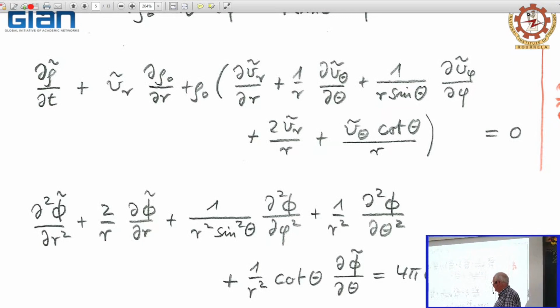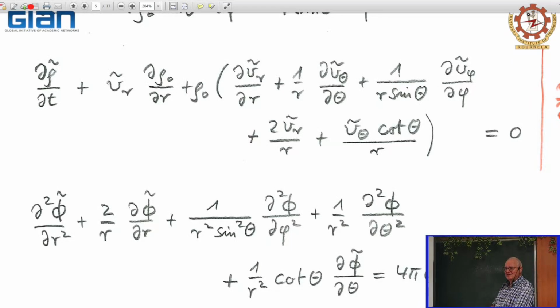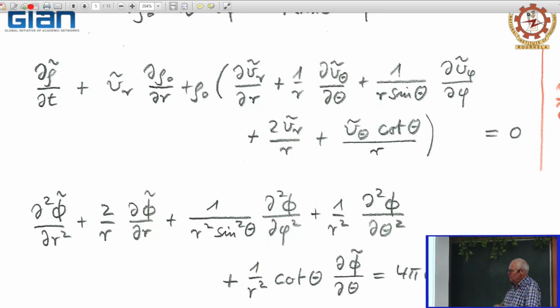So these two terms cancel, and we have left the linearized version, times the Eulerian density perturbation. So this is now a much more complicated version of the mechanical equations. We still have mass conservation and momentum equation, but in addition to that we have the equation for the gravitational potential.